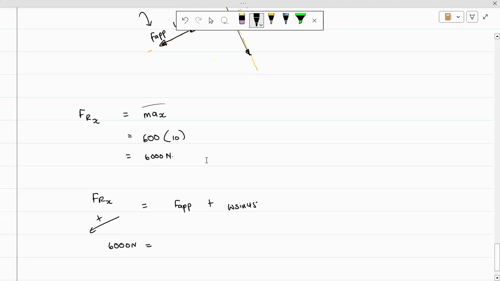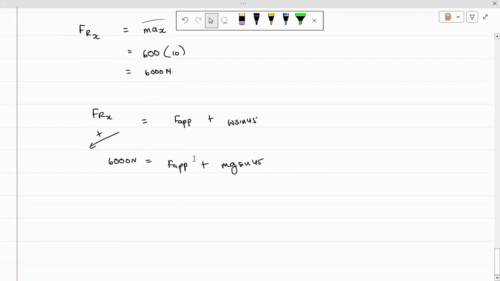So once you've added these, they should give you this resultant force. So F applied plus mg sine 45. In order for you to get F applied, you're going to take this expression to the other side of the equation. So that's going to give you 6,000 minus mg sine 45. By the way, mg came from W, just in case you're lost there. So your force applied is going to be 6,000 minus this expression.